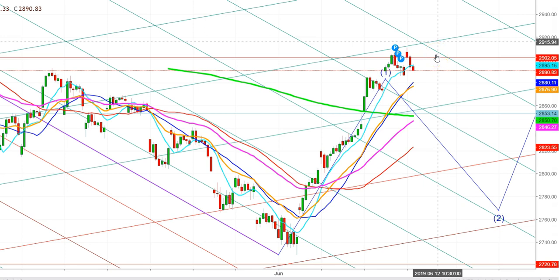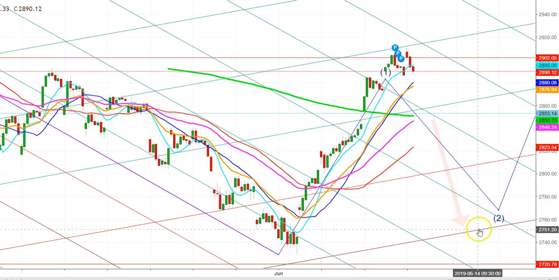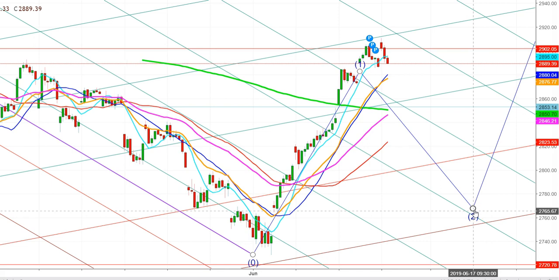But if the S&P 500 index is not able to find support at these levels, we will see more steep downward moves in S&P 500 index, which may result in a sharp downward move down to the level of 2751. During this downward journey, I find that the level of 2766 will provide some support.